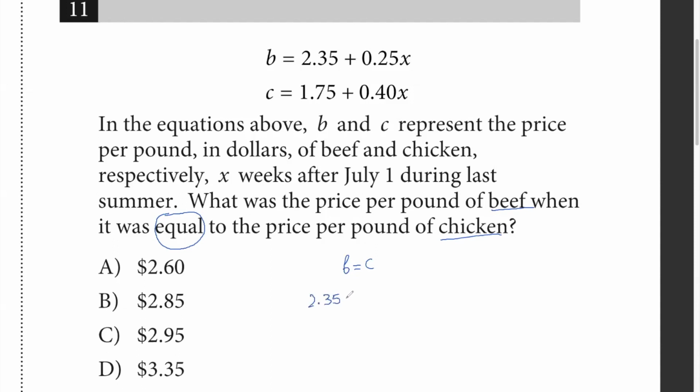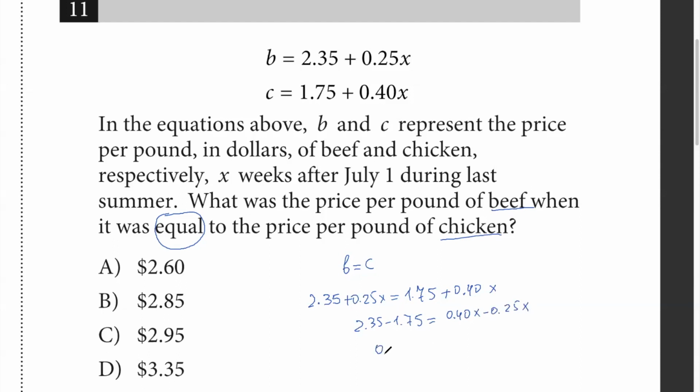2.35 plus 0.25x is equal to 1.75 plus 0.40x. It doesn't matter, you can write 0.4 here also. So 2.35 minus 1.75 is equal to 0.40x minus 0.25x.